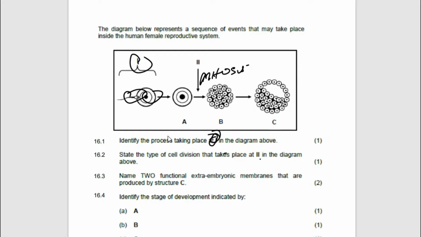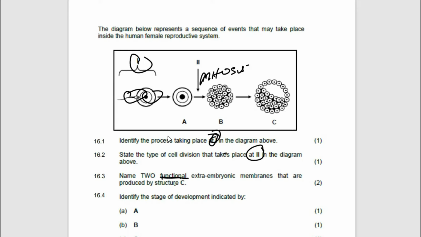State the type of cell division that takes place at 2. Here it is mitosis. And then they are saying name 2 functional extraembryonic membranes that are produced by structure C. They are saying functional, it means something which is functioning.